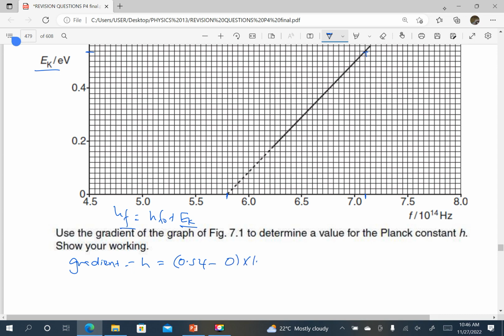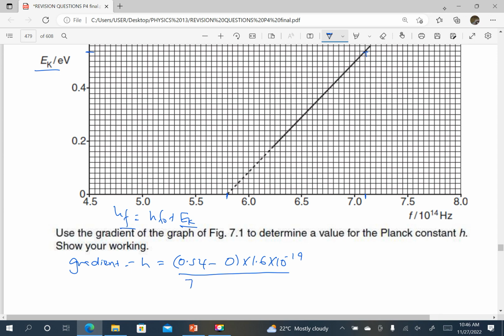That will be times 1.6 times 10 to the power negative 19 to change it to joules, divided by the x-axis change. On the x-axis, the scale is 0.5 divided by 10, that is 0.05.